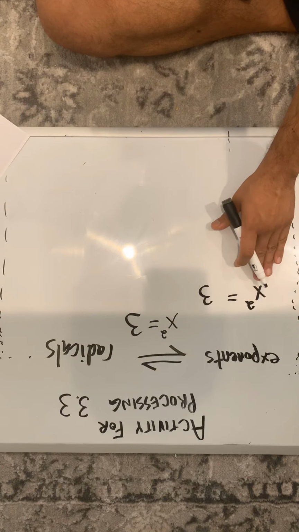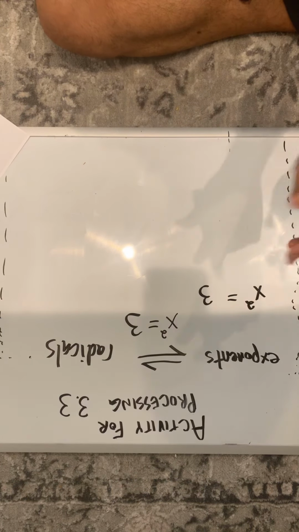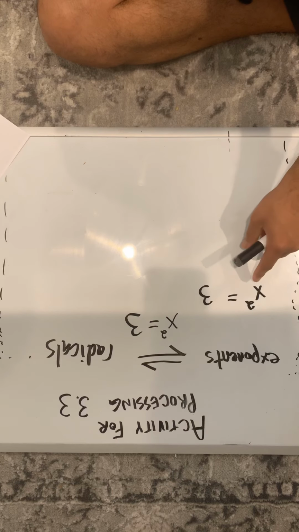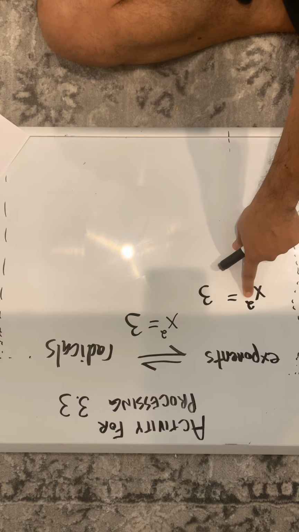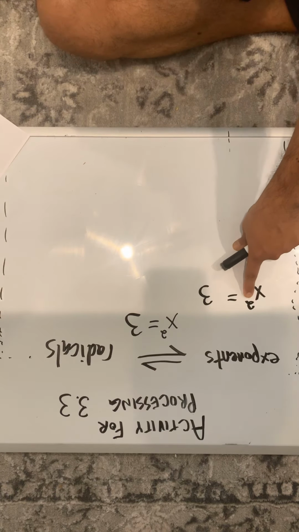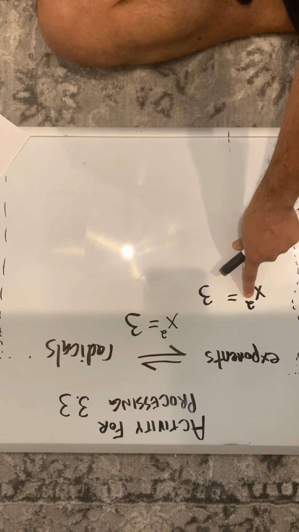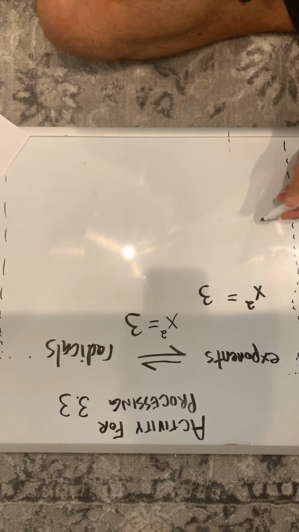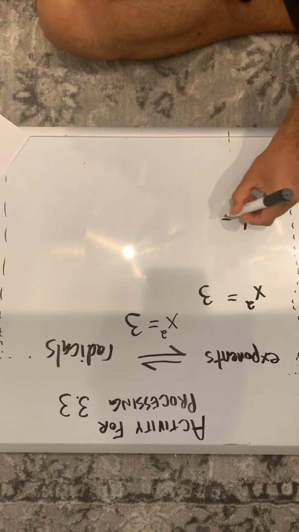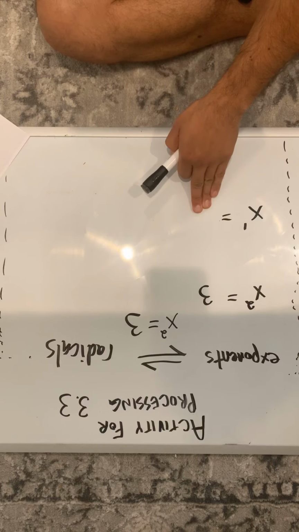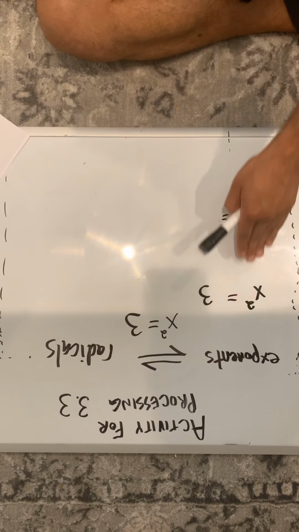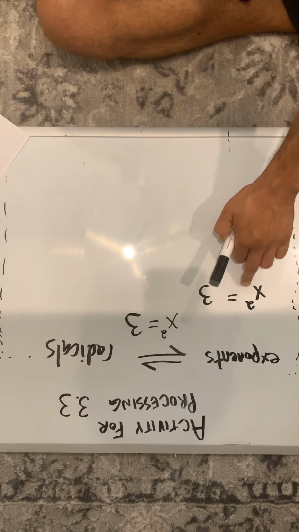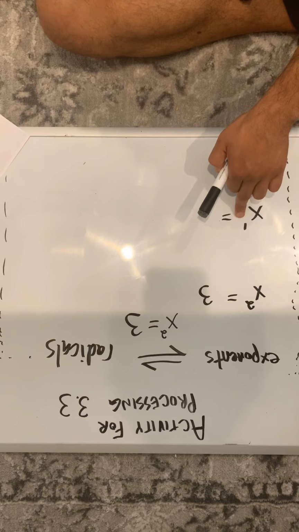So in order to find the value of x, I technically need to get rid of this exponent here. That must have an exponent value of 1. So at the end of this, we need to have x to the 1 equals something. In order to get from this step to this step here, we need to find a way to change this 2 into a 1.